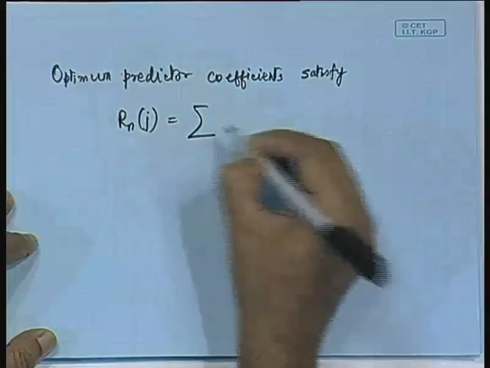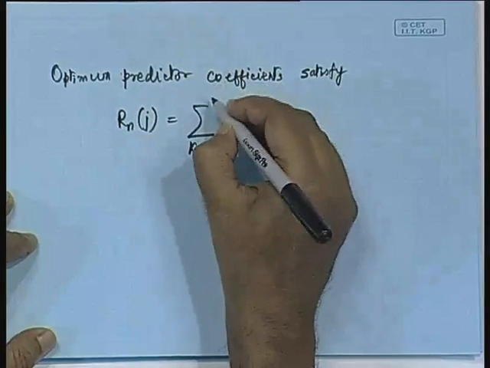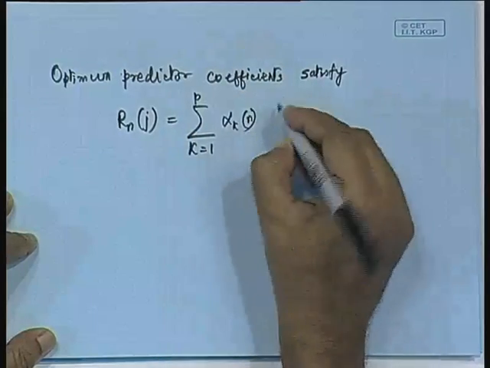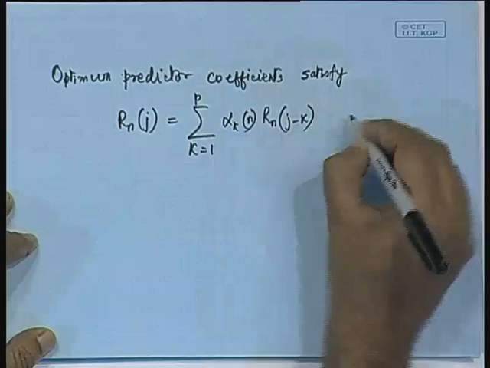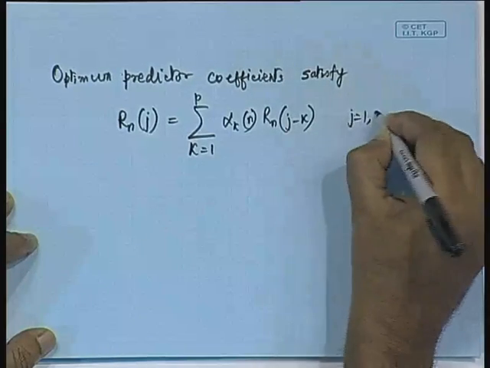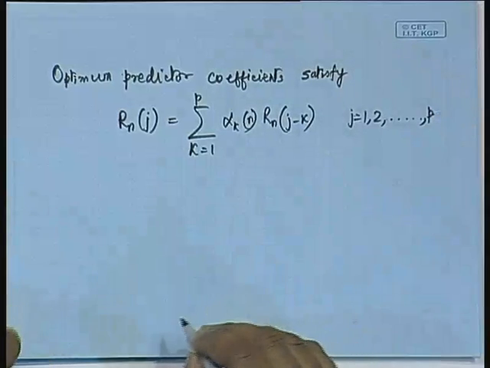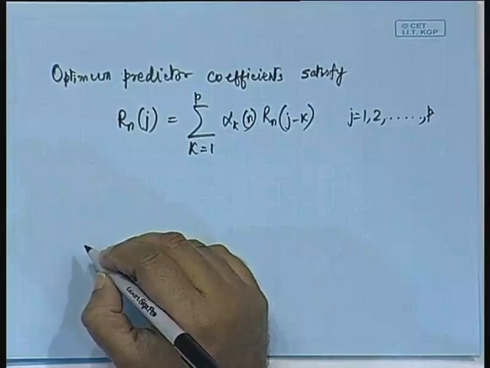Rn of j is equal to summation k is equal to 1 to p alpha k of n into Rn of j minus k, for j is equal to 1 up to p. And what is Rn?